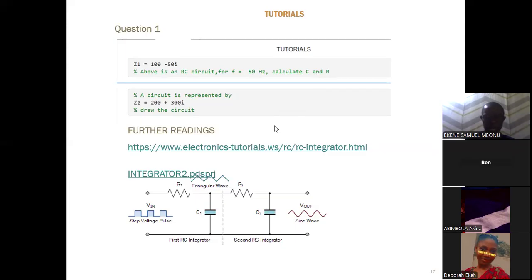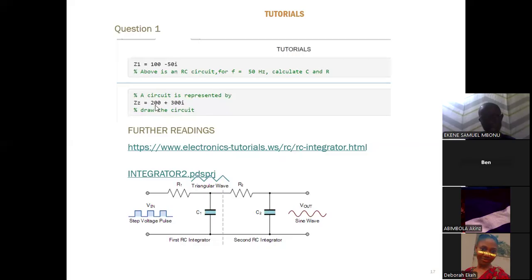A circuit is represented by Z2, that should be 200 plus 300j. Definitely, this is an inductive circuit, with the inductor in series with a resistor.